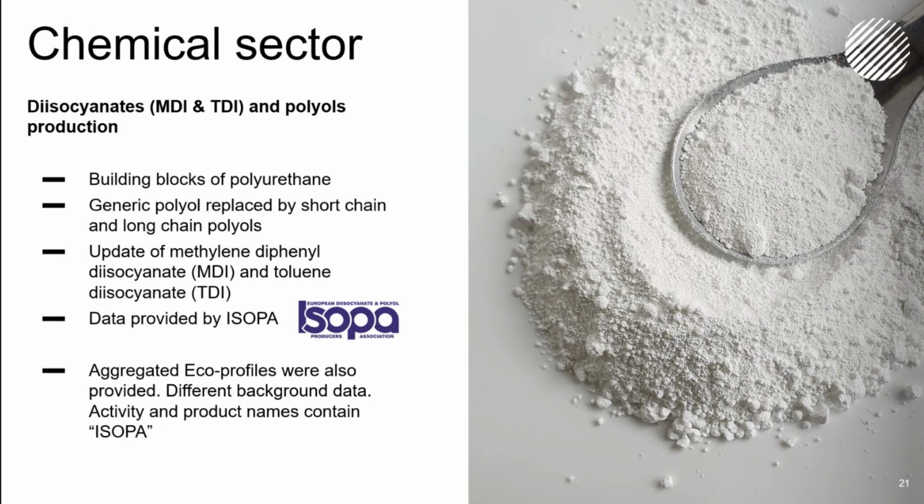They were also created using different allocation rules than those applied in the ecoinvent database. So these eco profiles can be interesting for users who would like to use the data as it was published by ESOPA. They, however, do not supply other datasets in the ecoinvent database, since the updated unit processes are used for that purpose instead.